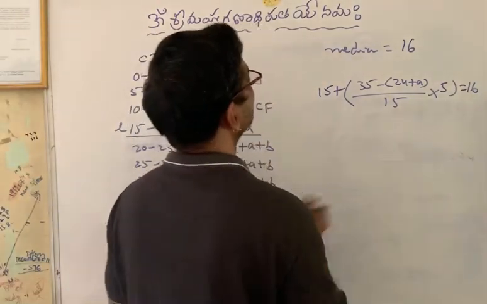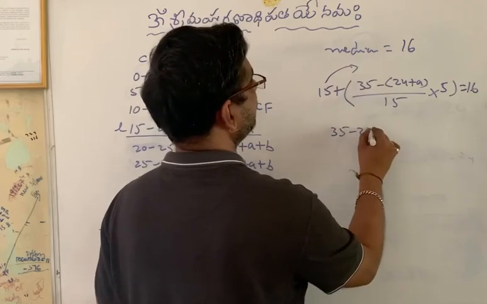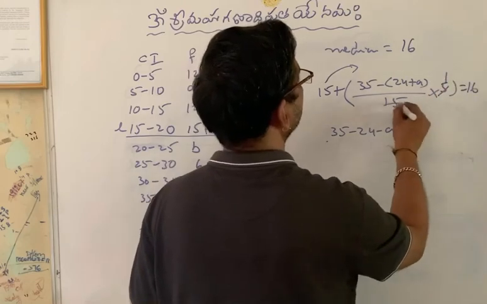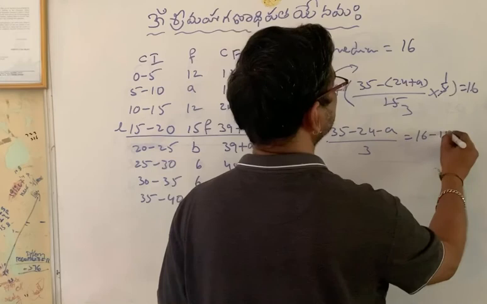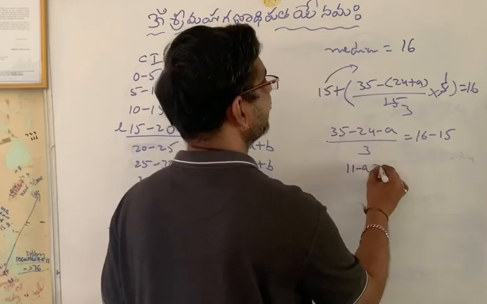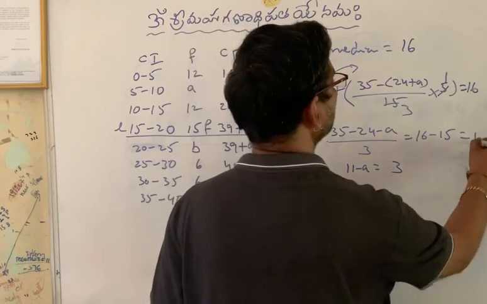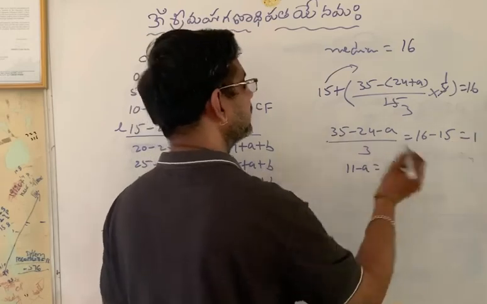Now, simplification. Send this 15 to that side: 35 minus 24 minus A, 5 ones are 5, 5 threes are 15, by 3 is equal to 16 minus 15. If you simplify this, you get 11 minus A is equal to 3, and this 3 goes to that side and multiplies, you get 3.